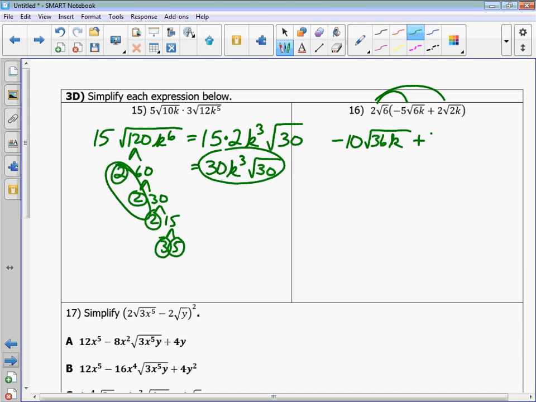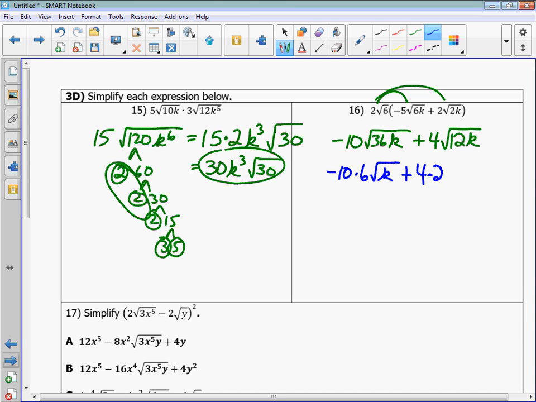Simplifying each term. Square root of 36. You probably have done this enough. You can break down with the trees, but it's 6 square root of k plus 4 times the square root of 12 is 2 square root of 3, and then there's a k left over.